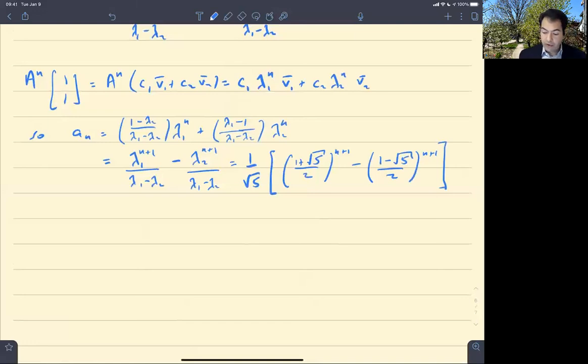But they show up because they're parts of the eigenvalues of the matrix. In fact, this is the golden mean that's showing up here. So this gives us the Fibonacci sequence in terms of the golden mean. Okay, very good. We'll stop there.